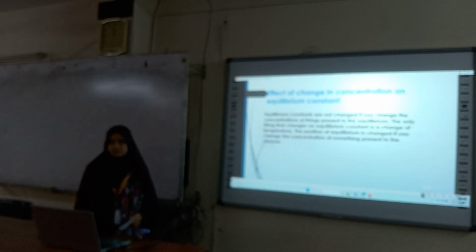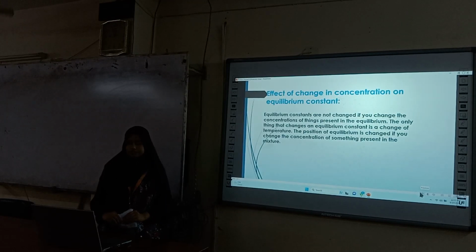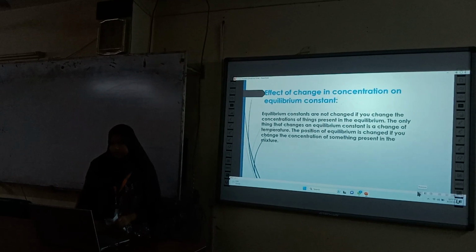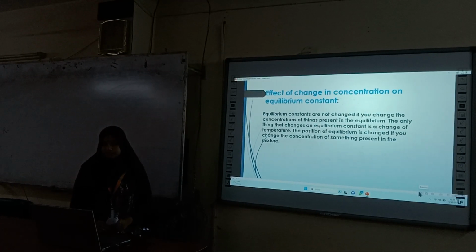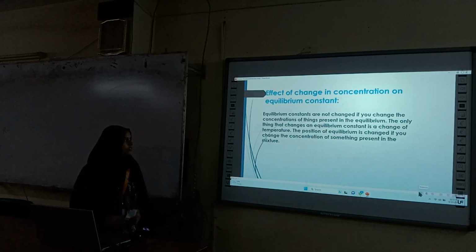First of all, we have to know the effect of change in concentration on the equilibrium constant. Equilibrium constants are not changed if we change the concentration. The only thing that changes an equilibrium constant is a change of temperature. The position of equilibrium is changed if we change the concentration of something present in the mixture.